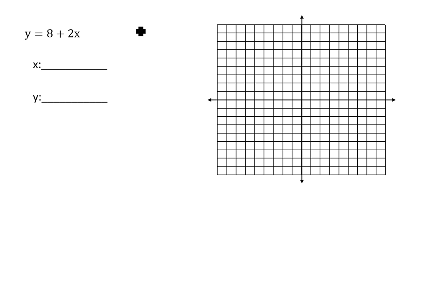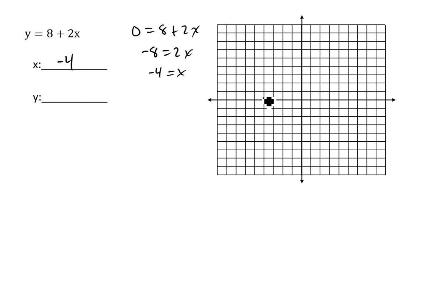So I set y equal to 0 in the equation, 8 plus 2x. If I subtract 8 from both sides, I get negative 8 equals 2x, and x has to equal negative 4. So my x-intercept is at negative 4. I'll go ahead and do that. 1, 2, 3, 4. This is the place right here where I'm crossing the x-axis.